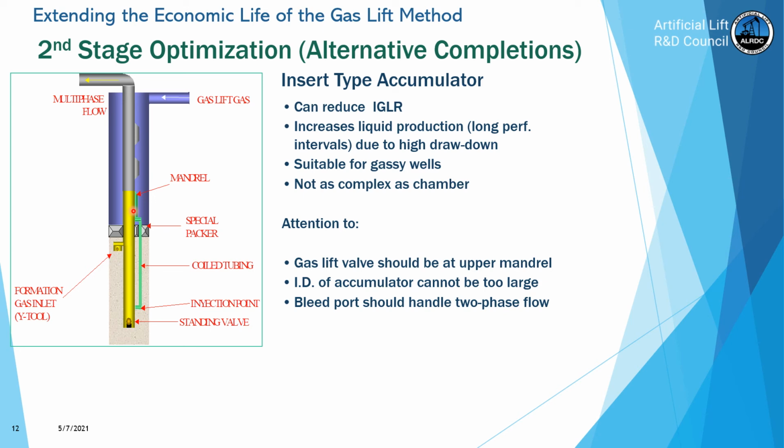The other thing, of course, is that the inside diameter of the accumulator cannot be too large, for the same reason that I explained for the simple type accumulator. We don't want to have huge fallback losses here because of the diameter being too large, and we don't want to generate a very high liquid column that will be very hard to send to the surface, to push to the surface at a velocity that will minimize the fallback losses.